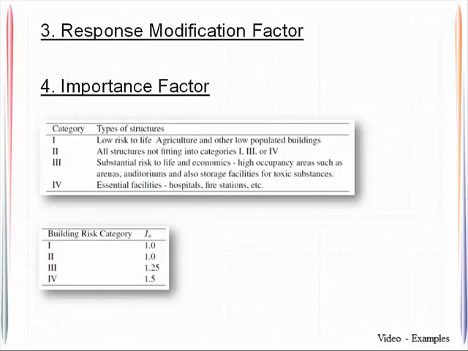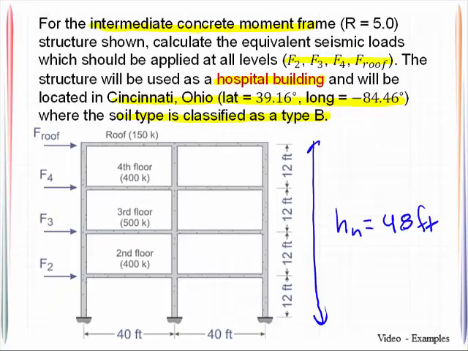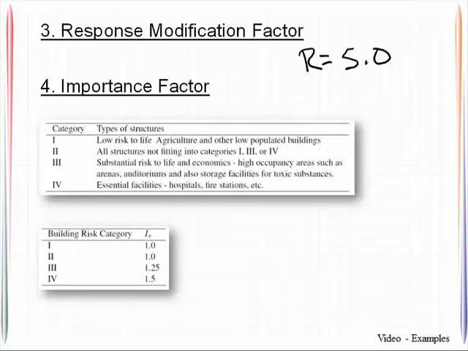Step number 3 is we need the response modification factor R, and the problem statement actually gave it to us here. For an intermediate concrete moment frame, R will be taken as 5.0. Next thing is identify the importance factor, and this is based upon the use of the building. And so we've already identified this is going to be used for a hospital.